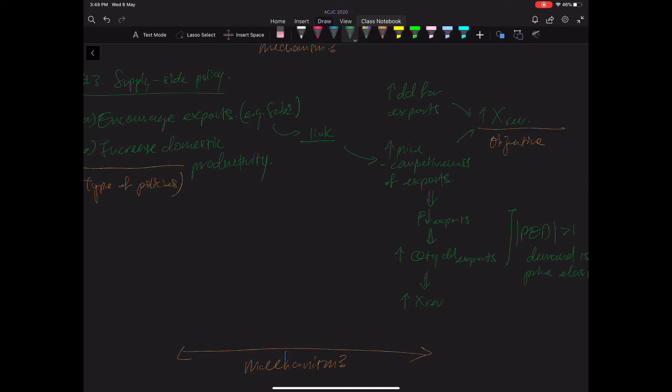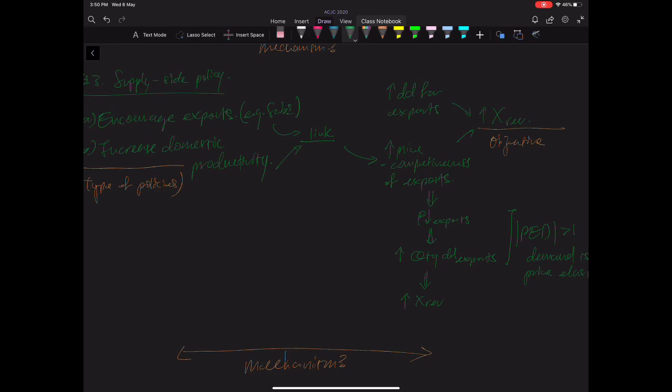Okay, it is also possible that the firm or the country could encourage productivity. And again, how would increased productivity lead to greater price competitiveness for your exports?